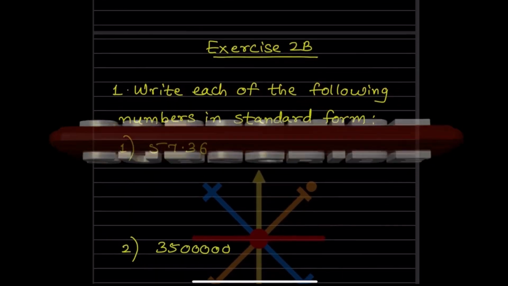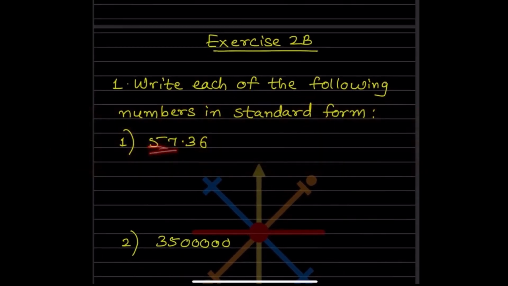But this is 57, so to make it less than 10 we put a decimal after the single digit. So we can write 5.736, and we have come back one place, so we write 10 raised to 1. So this is the answer.